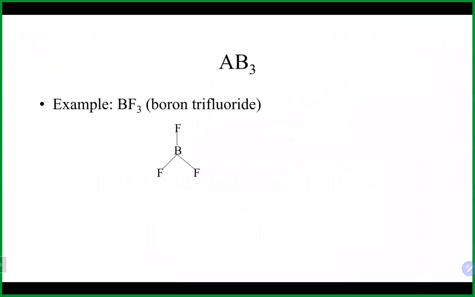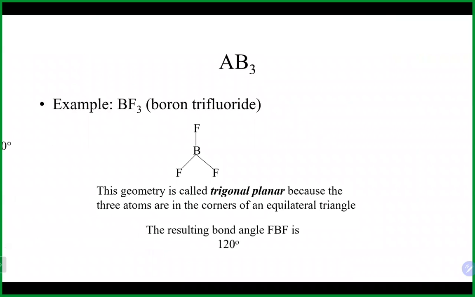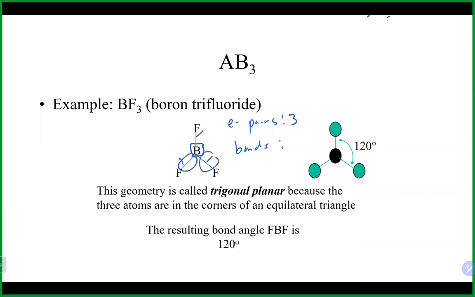The next example is a central atom where we have three things attached. Once again, we're going to look at electron pairs and bonds. In this case, we look at the central atom, and it has 1, 2, 3 electron pairs. Each of those is a bond as well, so 1, 2, and 3 bonds.